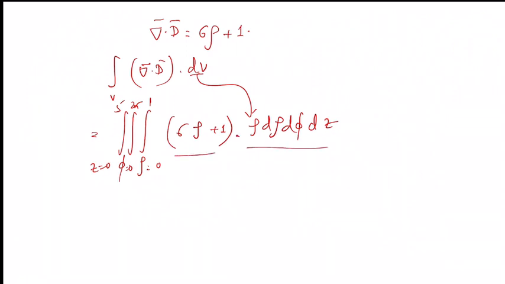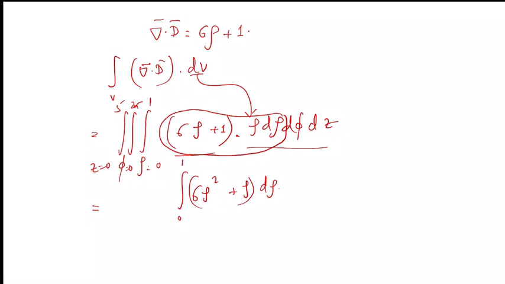So normal scalar multiplication, and you have this: 6 rho square plus rho integrated with d rho from 0 to 1.